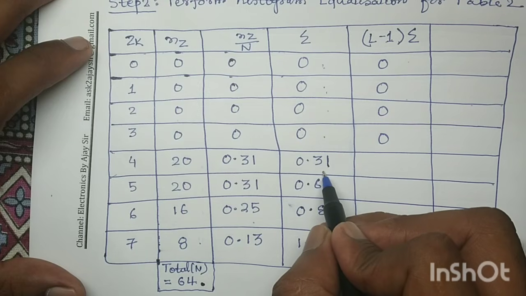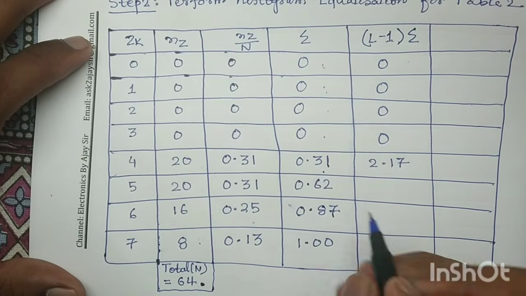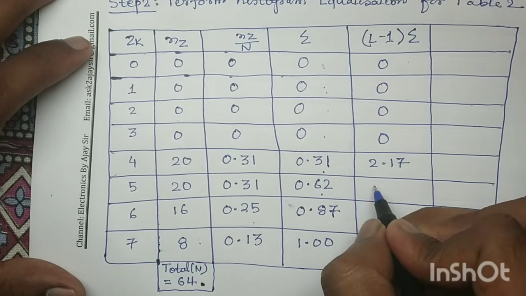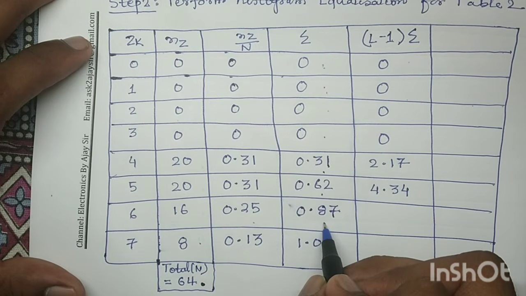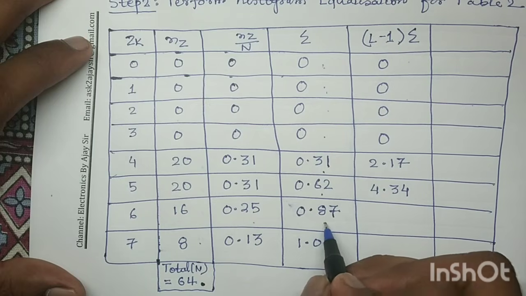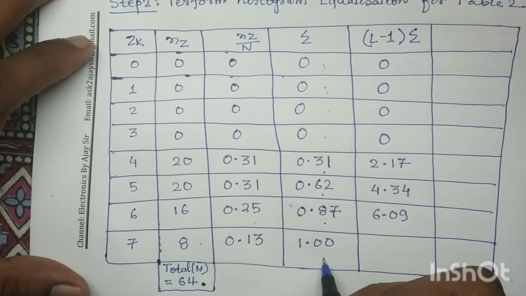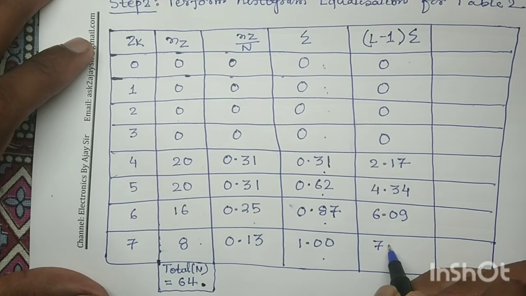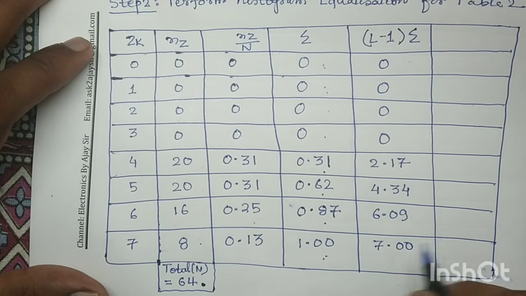Now 0.31 multiplied with 7, up to 2 decimal places, is 2.17. 0.62 multiplied with 7, up to 2 decimal places, is 4.34. 0.87 multiplied with 7, up to 2 decimal places, is 6.09, and 1 multiplied with 7 is 7.00.